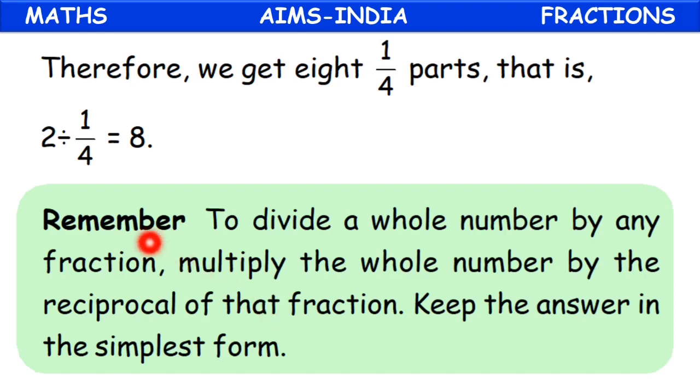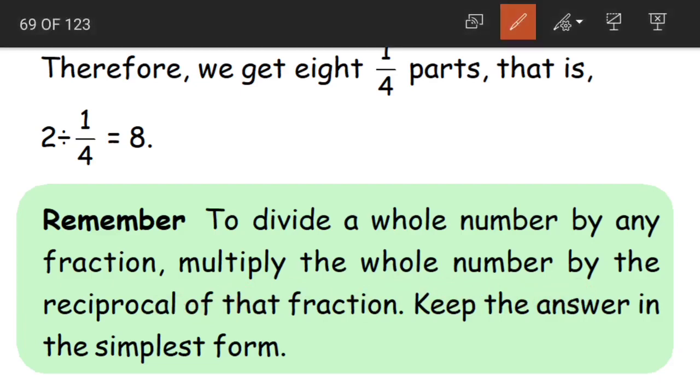But if we look at how to divide these actually, remember, to divide a whole number by any fraction, multiply the whole number by the reciprocal of that fraction. Keep the answer in the simplest form. Now what should we do here?